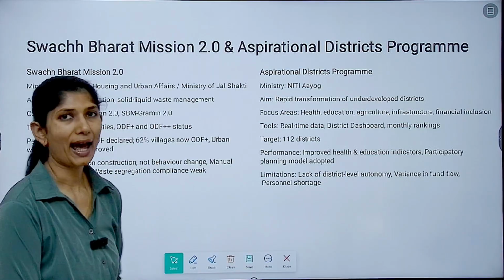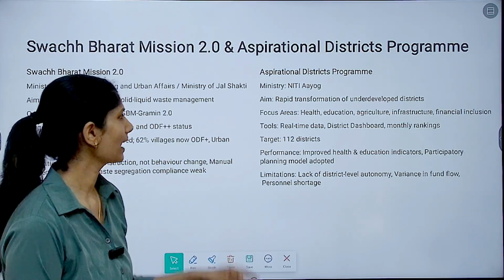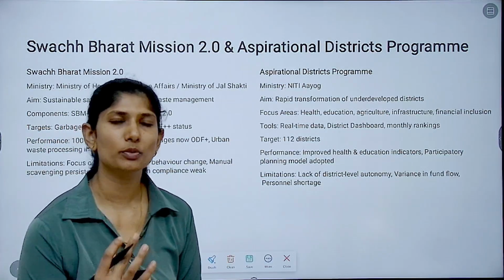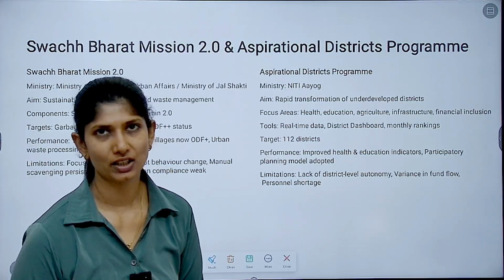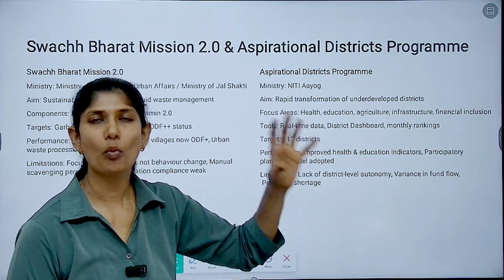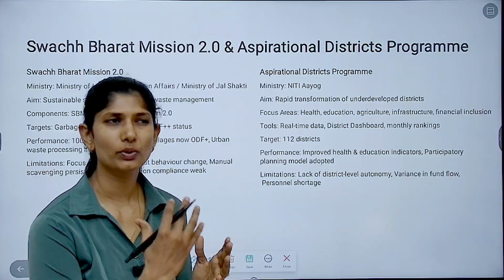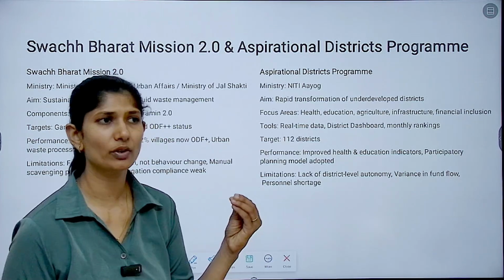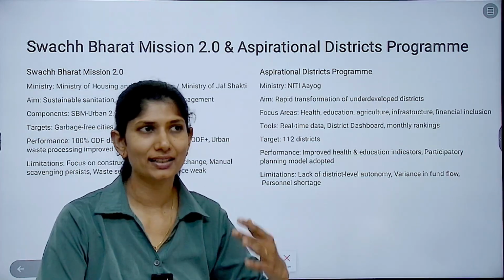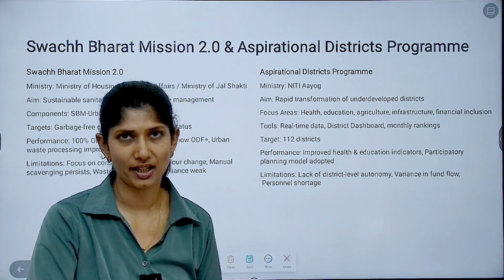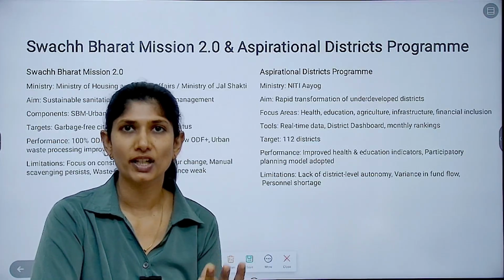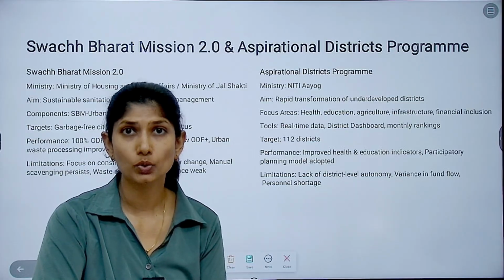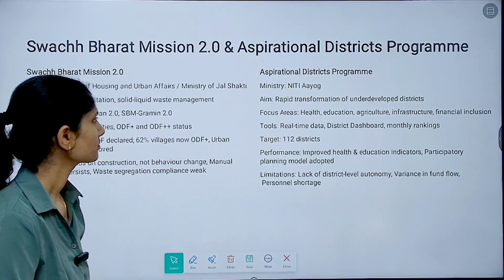Another thing is your Aspirational Districts Program. As the name states itself, it is for the rapid transformation of underdeveloped areas or districts. So you will create model districts. This is also used in things such as smart governance, e-governance. You will make it in a way that other districts can have a look at this and transform theirs. That will involve aspects of your education, healthcare, housing.